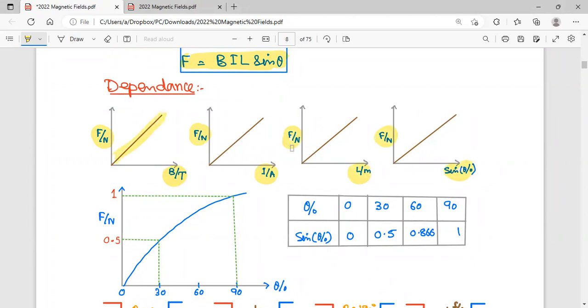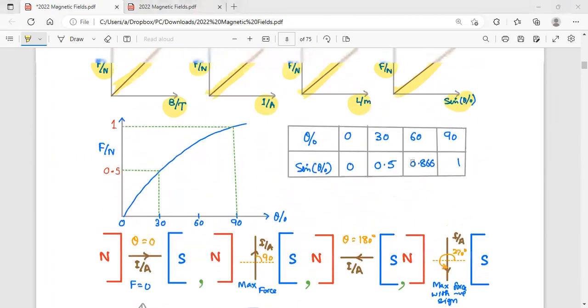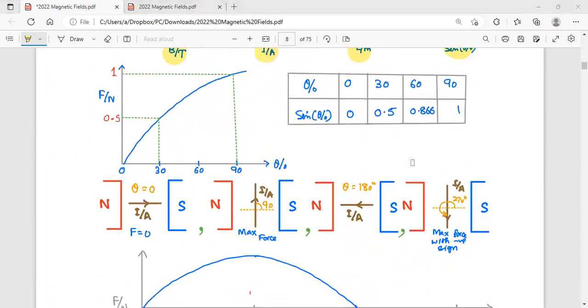As all of these relations are directly related, they are directly proportional to each other. Sine theta and force are directly proportional, but if we plot a graph between force and the angle, then that graph is not a straight line but a curve with a decreasing gradient.